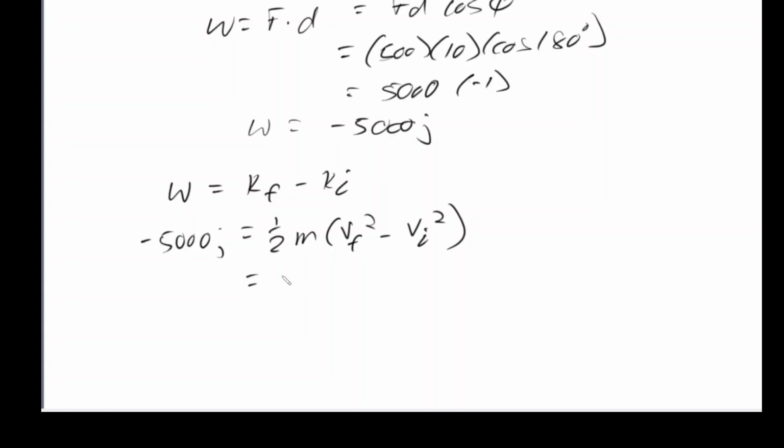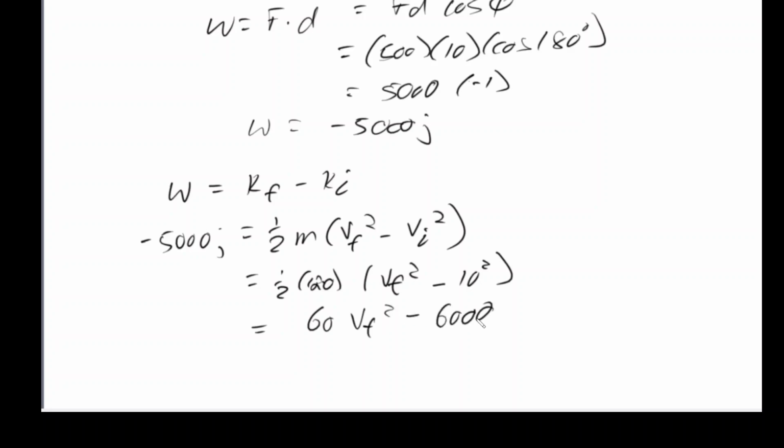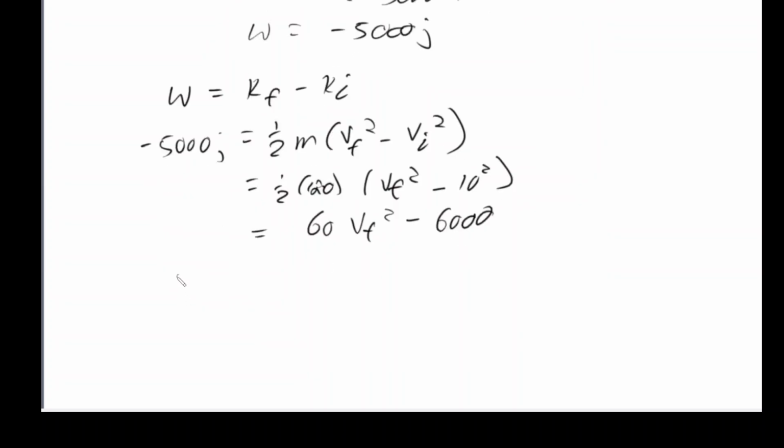That's equal to 1/2 times 120 times (v final squared, which is what we're looking for, minus 10 squared). That's equal to 60 times v final squared minus 6,000. If we solve for v final squared, that's equal to 16.7, or v final is equal to 4.1 meters per second. That's her speed when she slows.